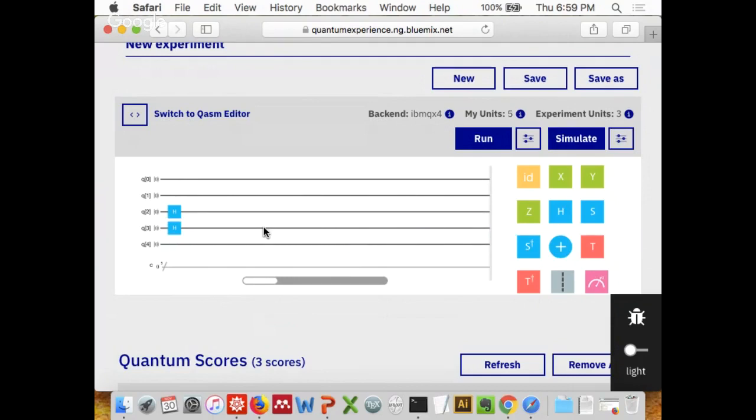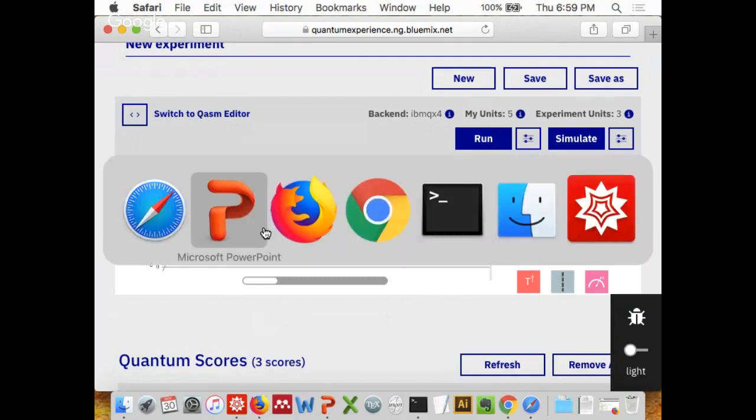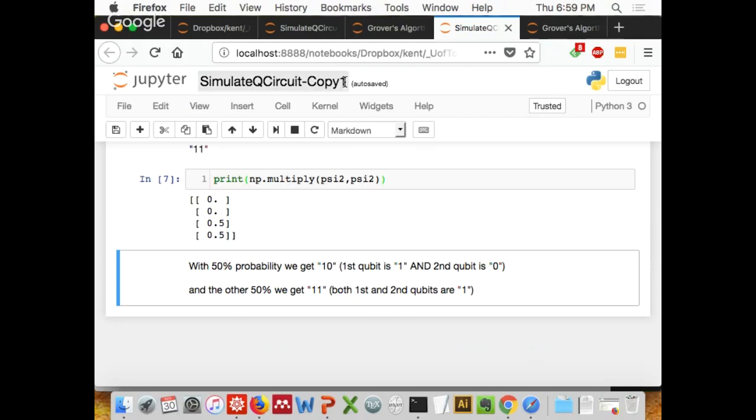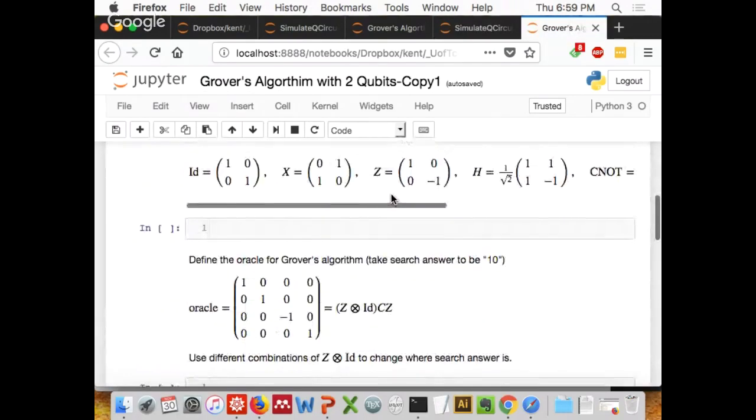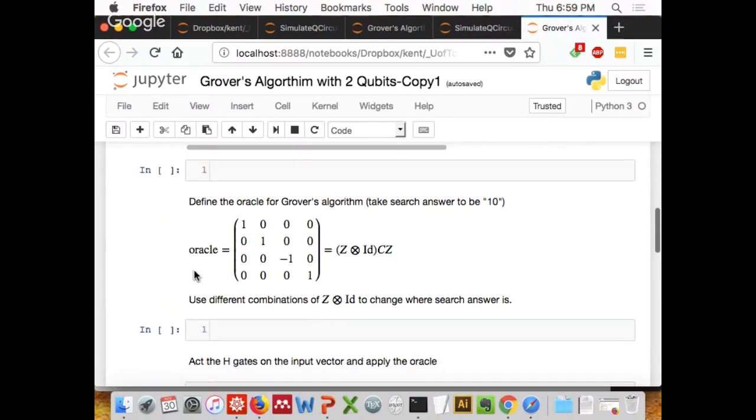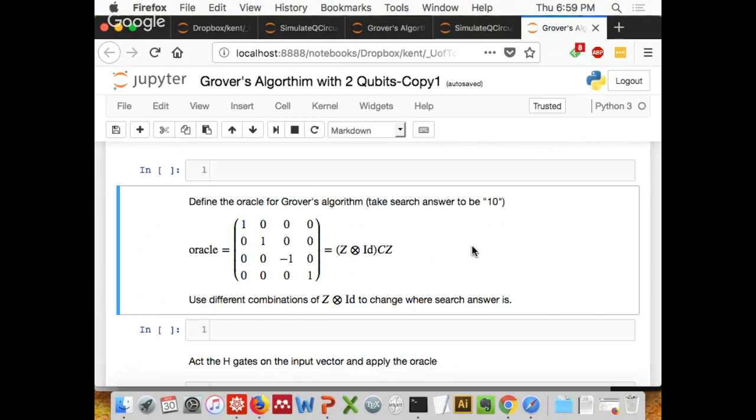Somewhere I have the circuit written out. It might actually be on the Python, which will get shared afterwards. Yes, this is what the Oracle matrix looked like.